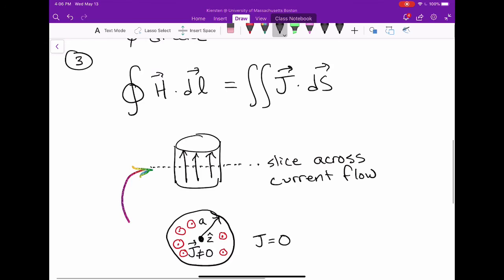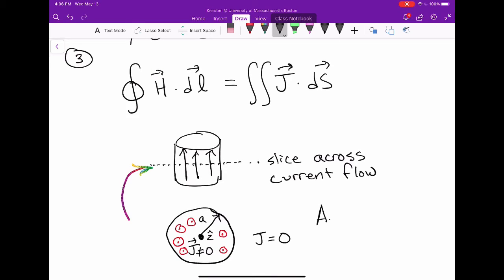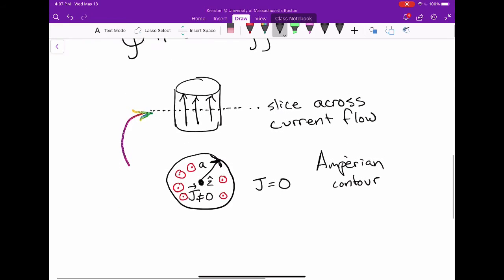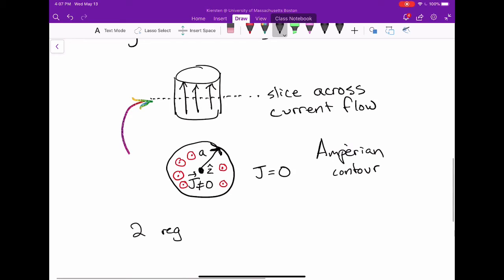We want to define our Amperian contour so that it's useful for solving the problem both for radii less than A and for radii more than A. So there's going to be two different regions in the problem: r less than A and r greater than or equal to A. And we need to know what the magnetic field is for both of these.